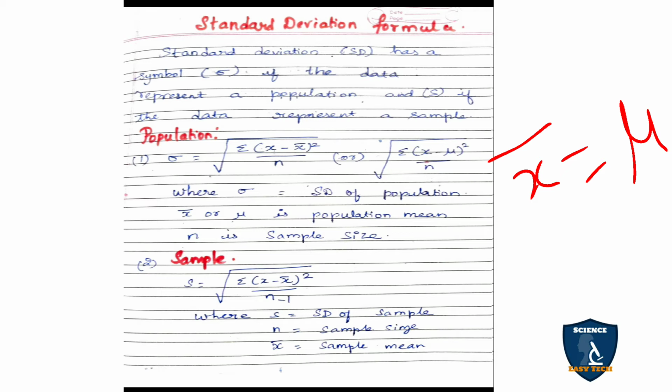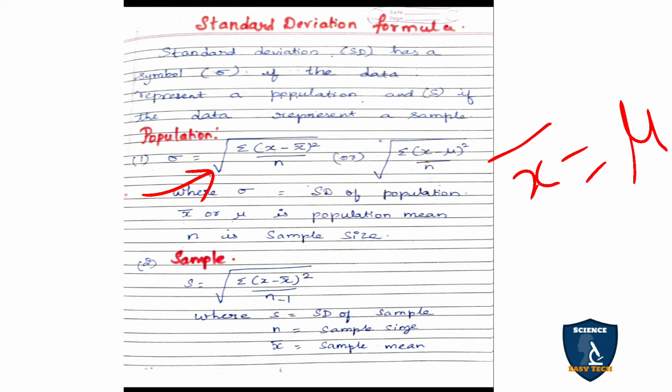So mu is more or less x bar. To avoid confusion, better use the first formula itself. There is nothing wrong, because sometimes you may forget what mu is.